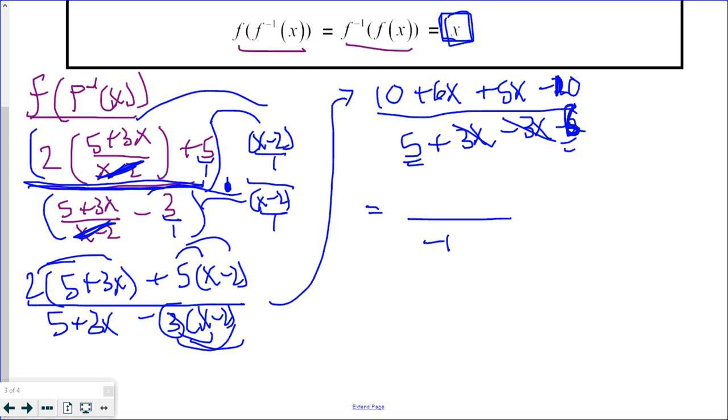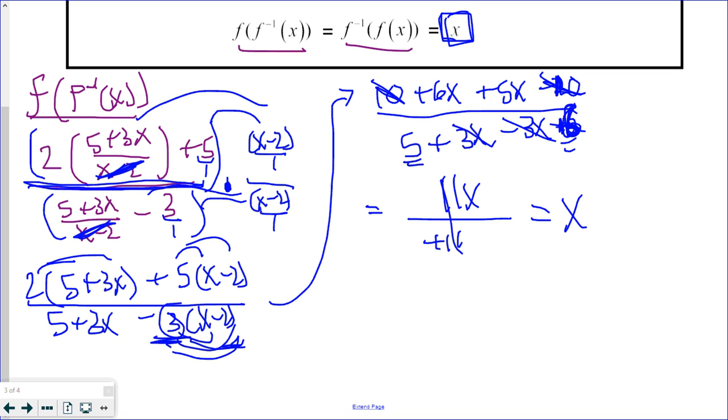Negative 3 times negative 2 is positive 6. So on bottom, it's 6 and 5 is positive 11. Sorry about that again. My mental math is awful. All right, but on top, we have negative 10 and positive 10 canceling, and we're left with 11x on top. And 11 and 11 cancel, and I'm left with x.